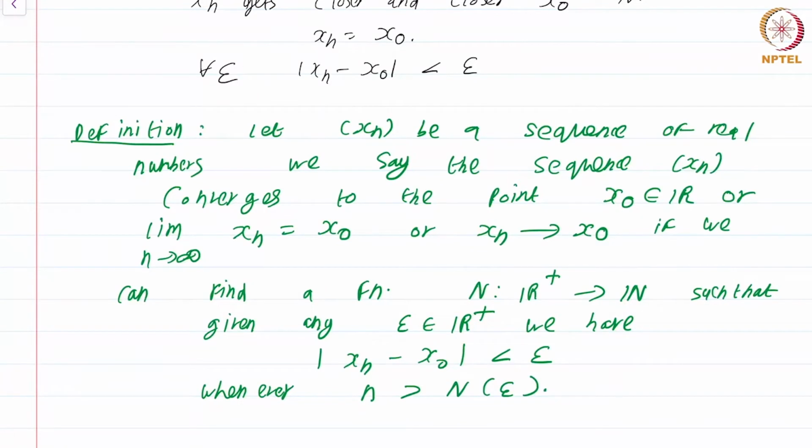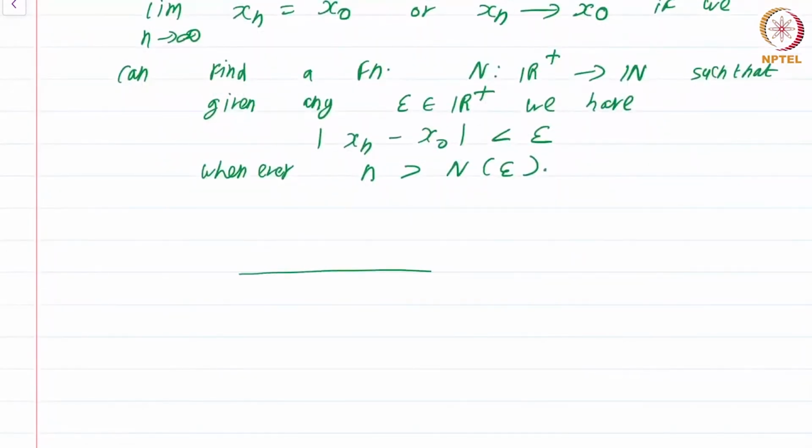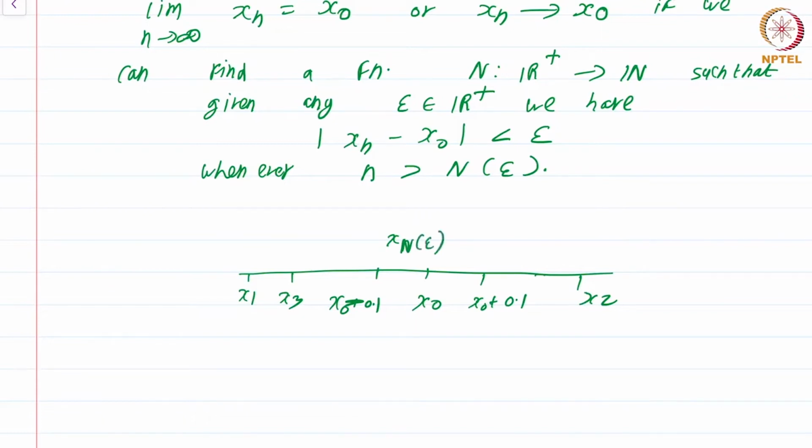It should be true for all natural numbers greater than N of epsilon. Pictorially, if somebody gives you 0.01 as the desired level of approximation, then x1, x2, x3 and so on might fluctuate outside this desired level of approximation, but the moment you cross N of epsilon, all the terms of the sequence are forced to be within the interval x0 minus 0.01 to x0 plus 0.01.